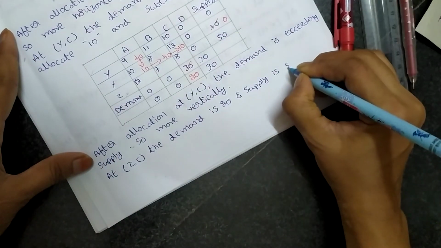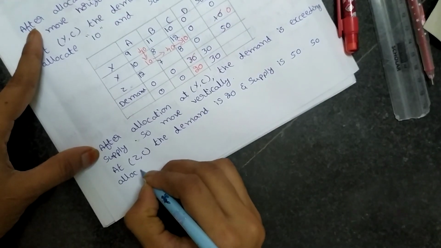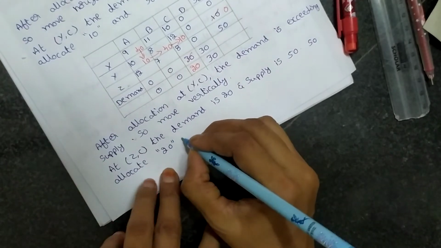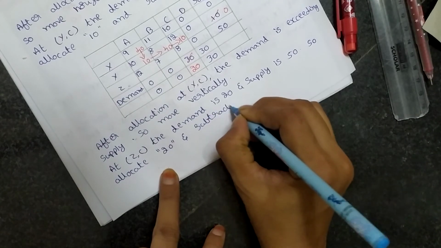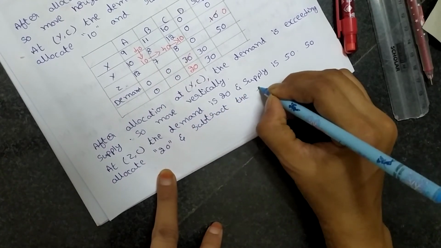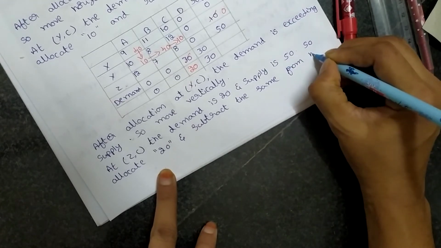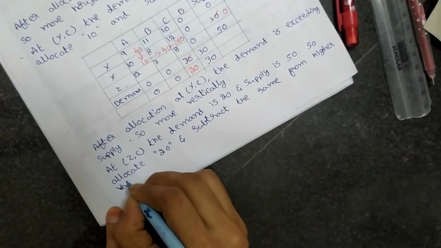Supply is 50. So which one has to be allocated now? Allocate 20, because 20 is the lowest value, and subtract the same from the higher value. Okay. Now we'll do the next iteration.